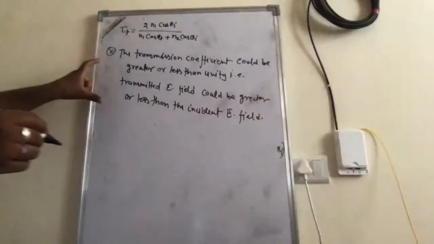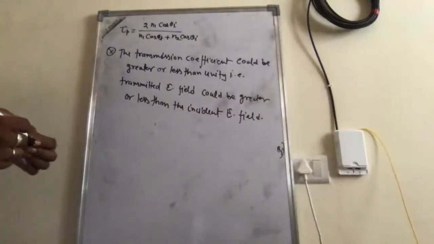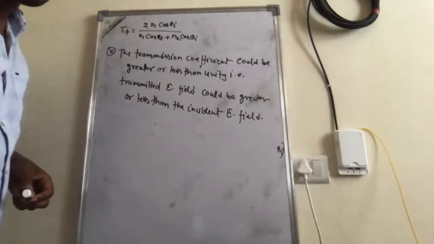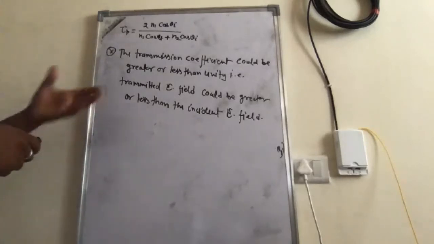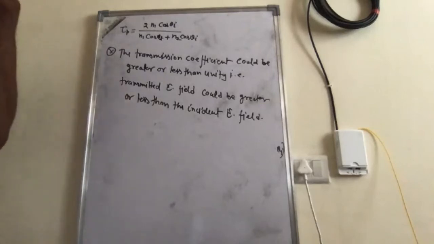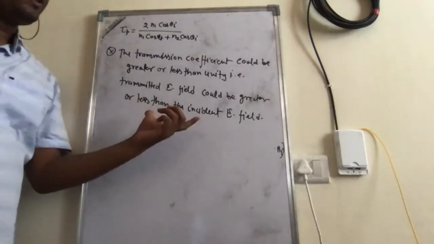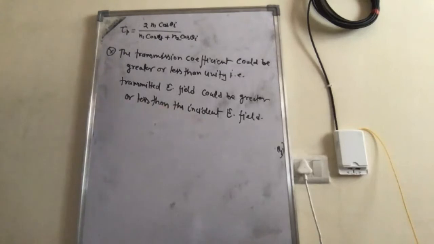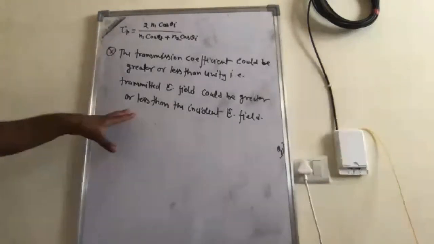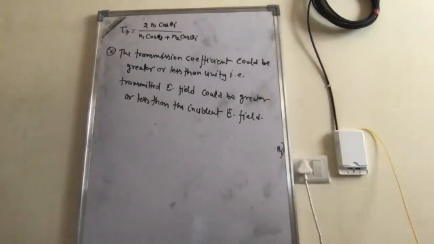A similar conclusion we made in the case of the perpendicular polarized light, if you remember. Similarly, for the parallel polarized light, the transmitted electric field may be greater or less than the incident electric field, and the condition we derived in the perpendicular case, a similar condition we also get for the parallel polarized light.